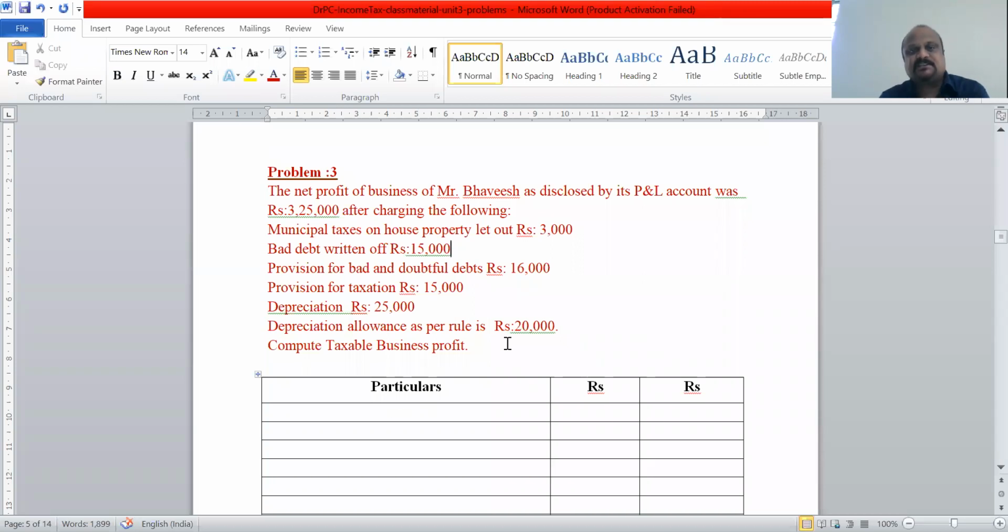See, how do we start this kind of problem? We first take, this is the format, net profit as per P&L account. In this case they have given directly the net profit.